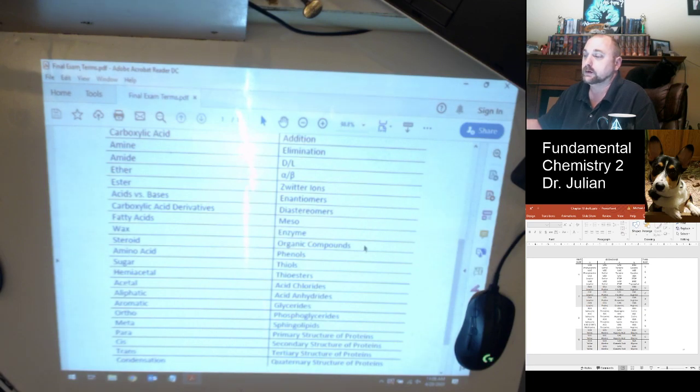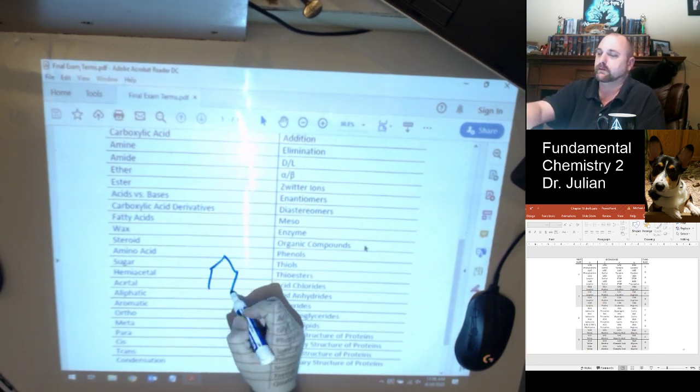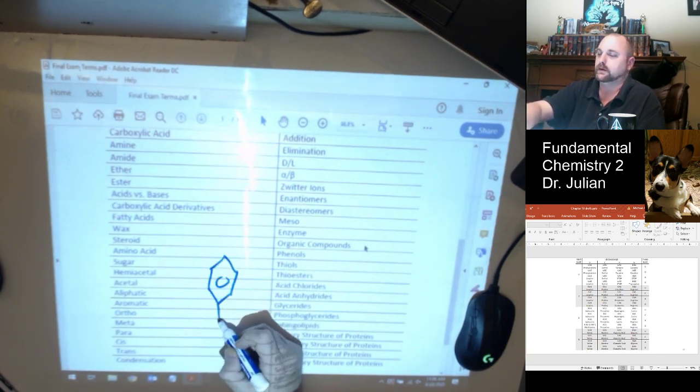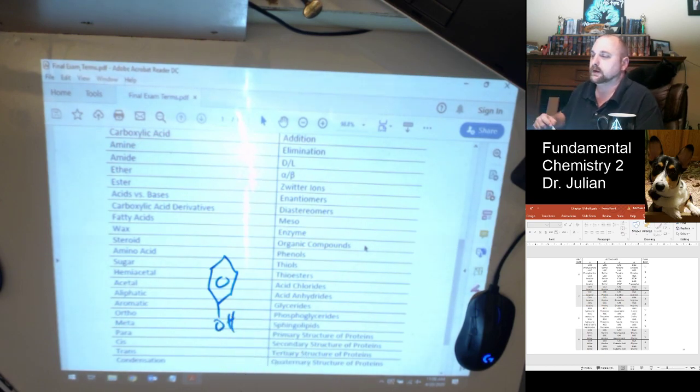What you know on the definition for organic carbon compounds, it contains carbon. Phenols have a benzene ring with an OH. Alright, a thiol, anything with an SH.